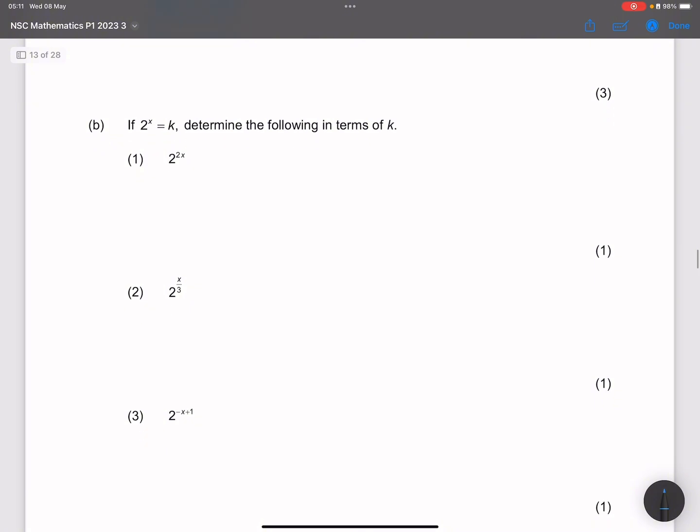They say if 2 exponent x is equal to k, determine the following in terms of k. First, 2 to the 2x, remember this is the same as 2 to the x, squared. So that simply is k squared. And 2 raised to the exponent x over 3.